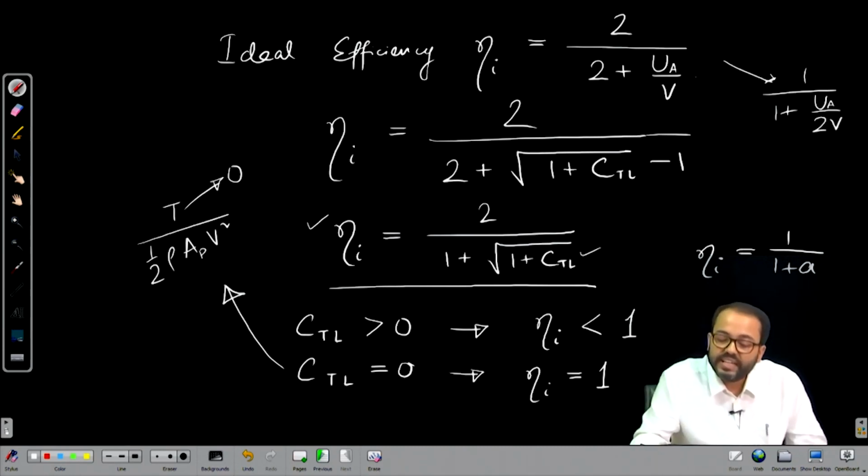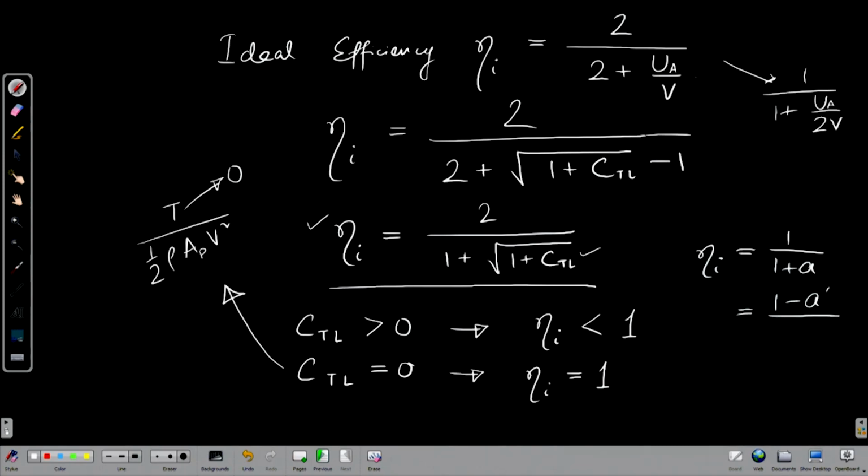So, similarly, we can define another ratio if we take care of the rotation, okay, then we will see that it will come to another value 1 minus A dash by 1 plus A. Similarly, where A dash will be the rotational component induced at the propeller plane divided by the rotational speed of the momentum disk, and A here we already know is UA by 2V.